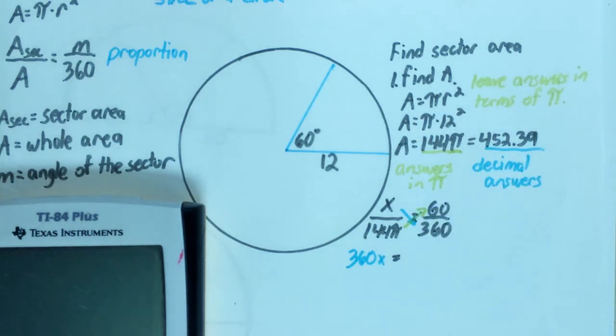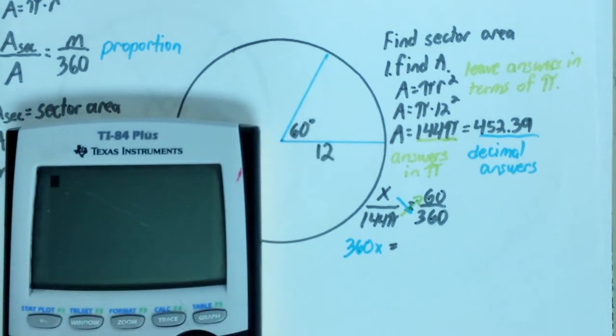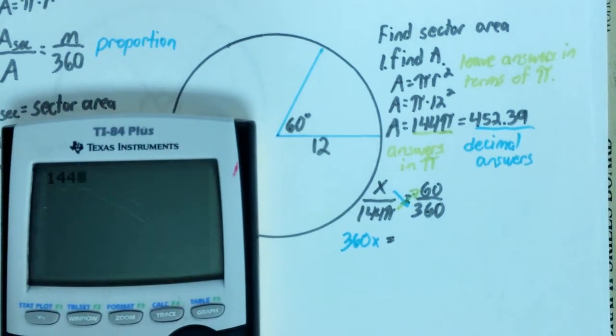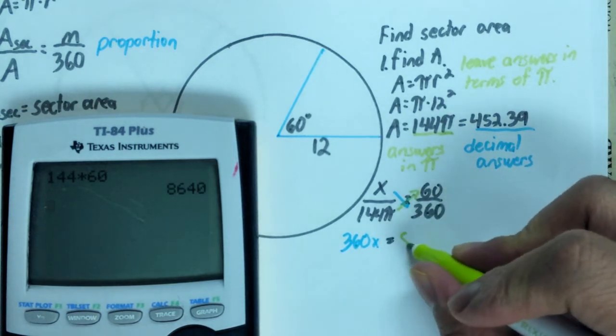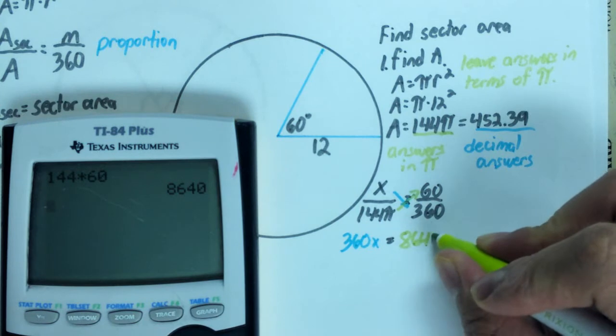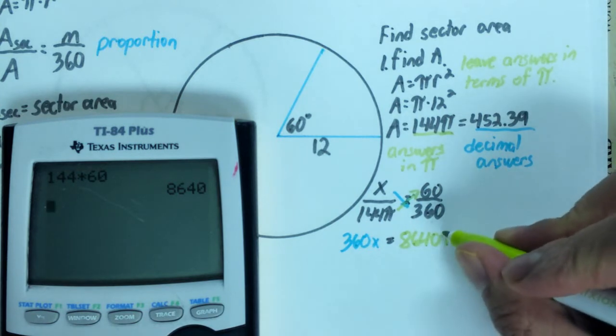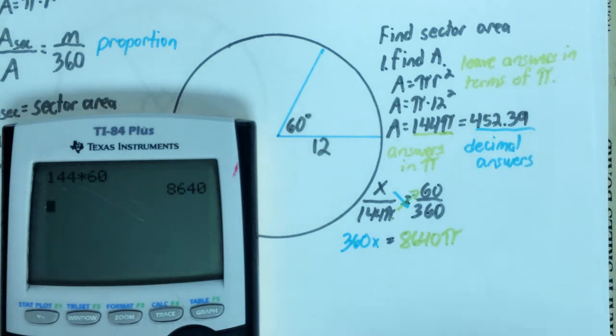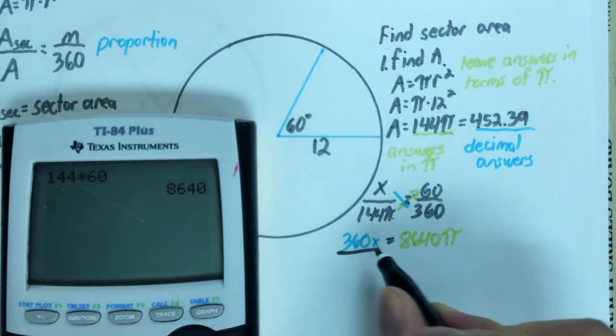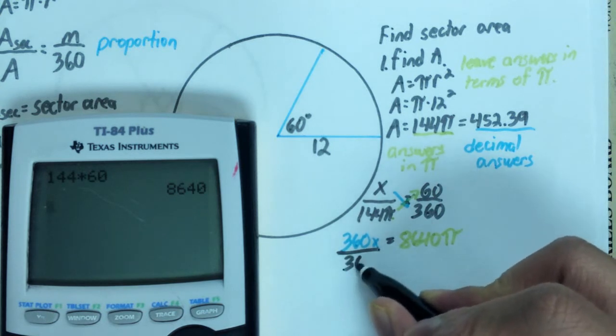On my calculator, I'm going to do 144 times 60. I am not typing pi in. So this is 8,640, and then I just write pi because the pi just moves over. And last step, to get x by itself, we divide by 360.